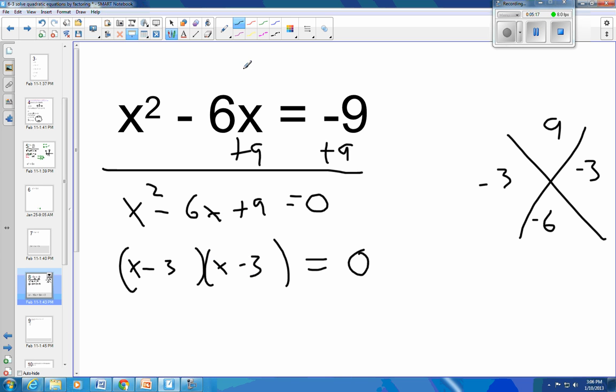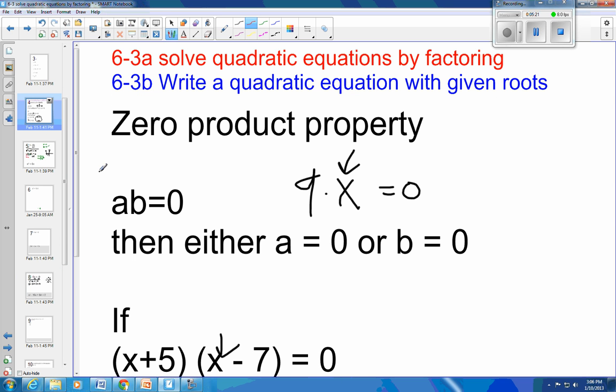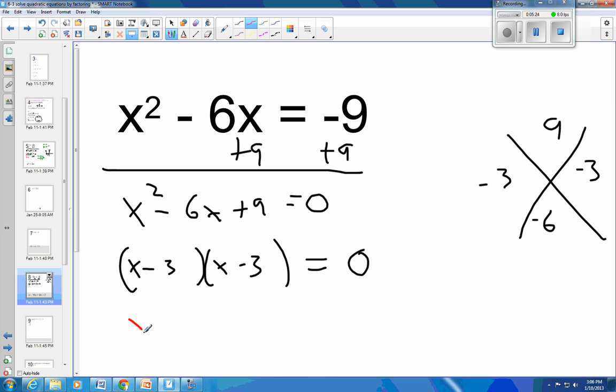Notice that. So we go back to our zero product property, and we know that x minus 3 is going to be equal to 0, or x minus 3 is going to be equal to 0. In each case, x is equal to 3, which means we've got one solution. And again, what does one solution look like? Well, that's going to be a parabola.